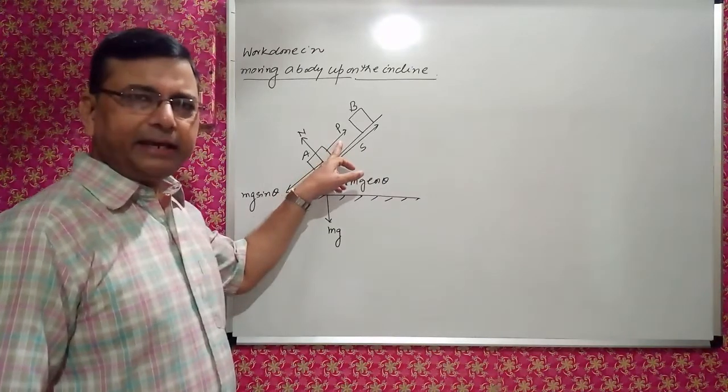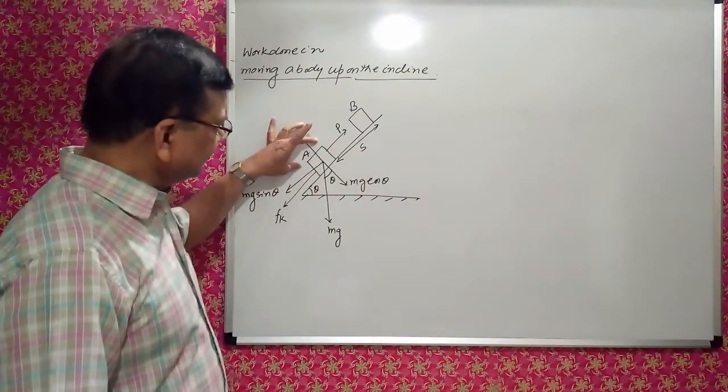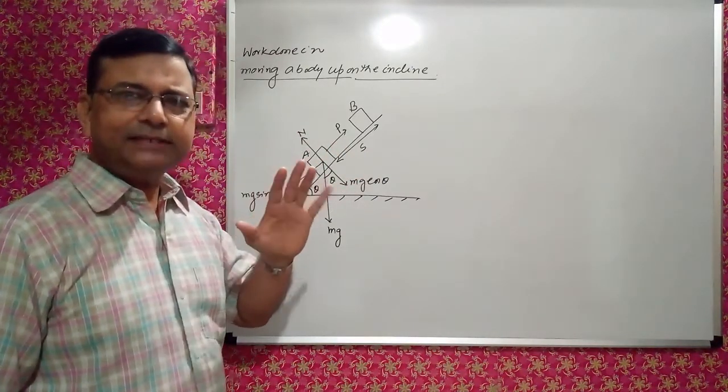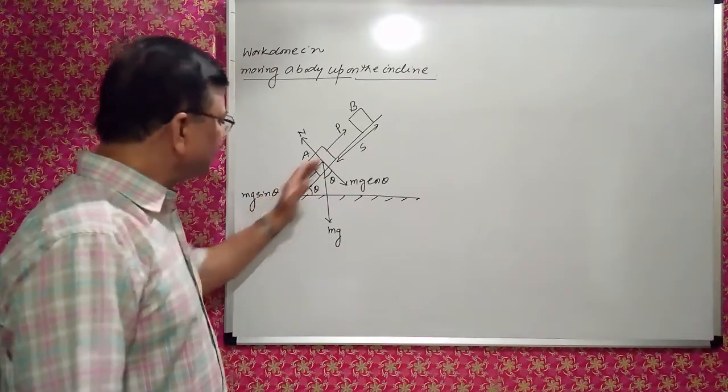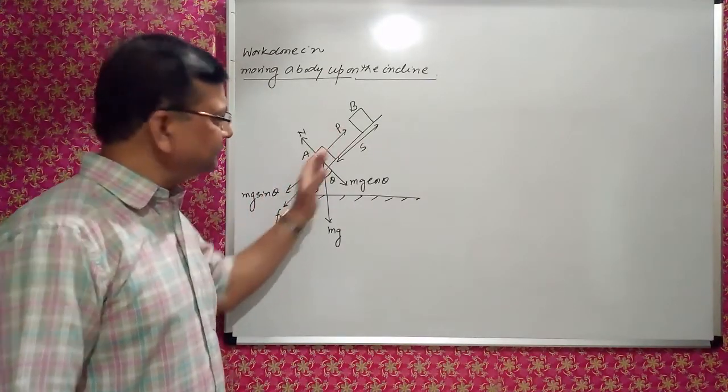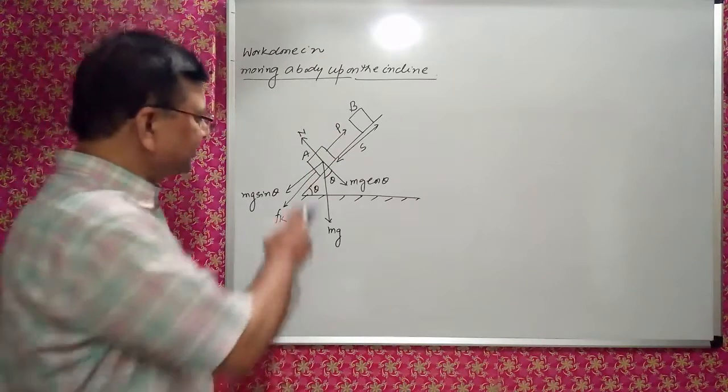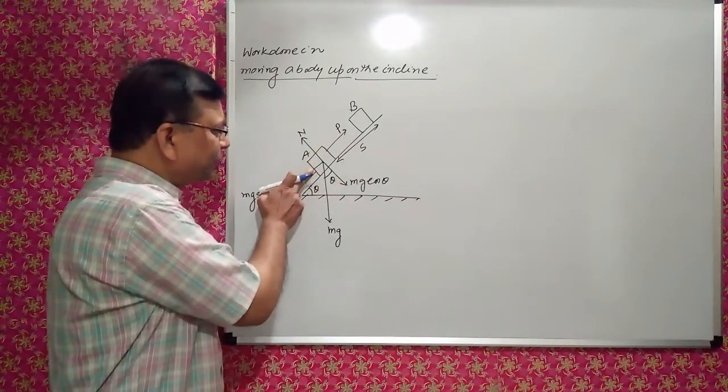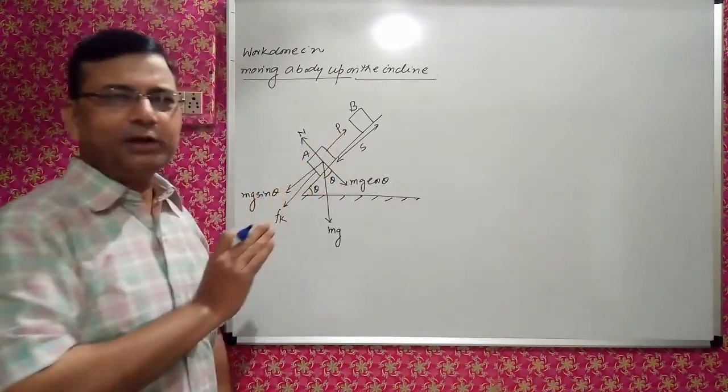Here this force P, which is applied on this object, is just sufficient to overcome the force so that it comes in motion. We apply just enough force that motion starts, and it moves with constant velocity.